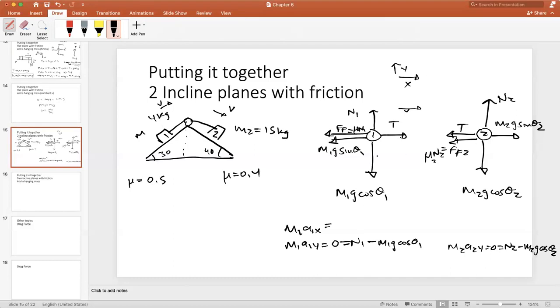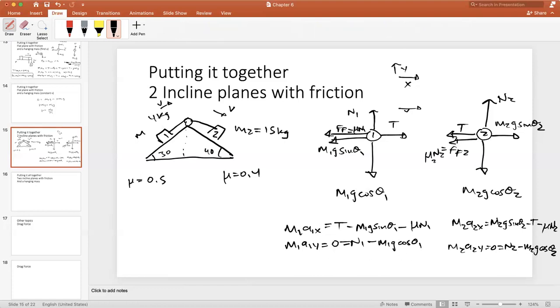This, because we're choosing that to be positive, is T minus M1G sine theta 1 minus mu N1. M2 A2X is M2G sine theta 2 minus T minus mu N2, where N2 is that, N1 is that.